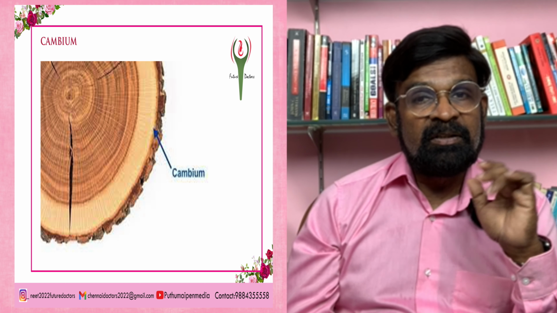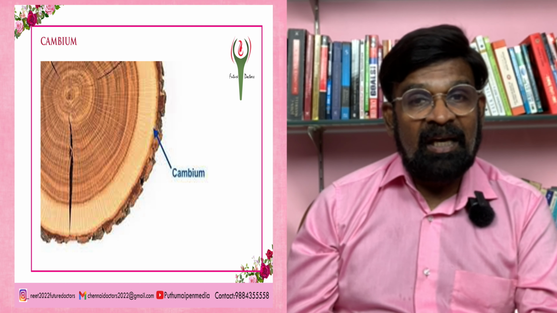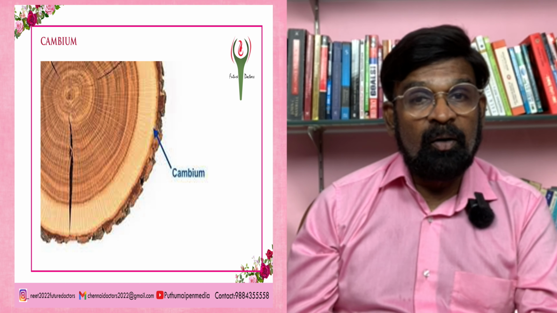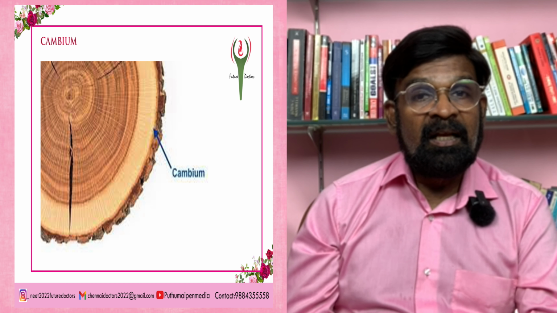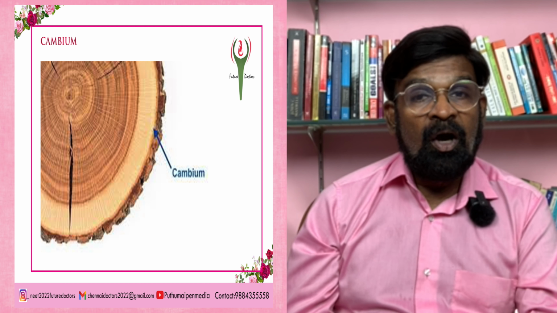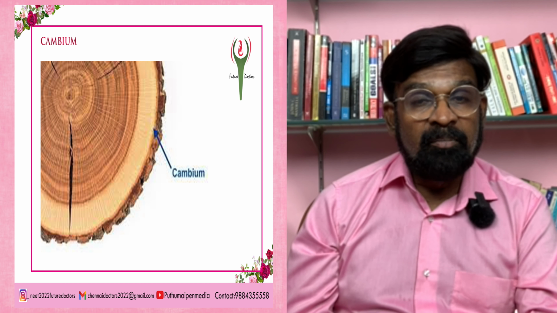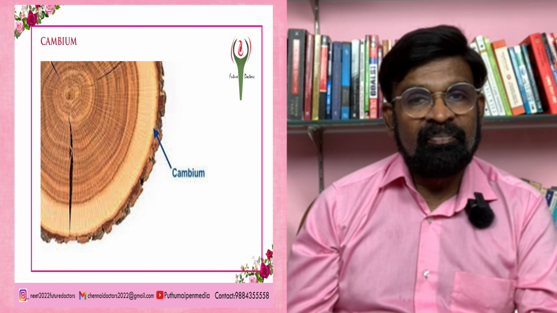In old trees, the considerable region of secondary xylem is dark brown due to the accumulation of organic materials like tannins, resins, oils, gums, aromatic substances and essential oils in the center or innermost layers of the stem.